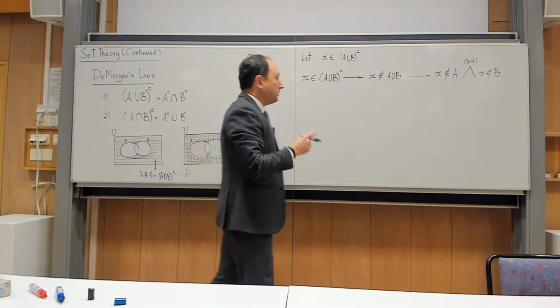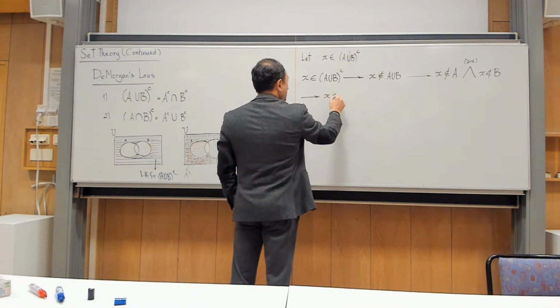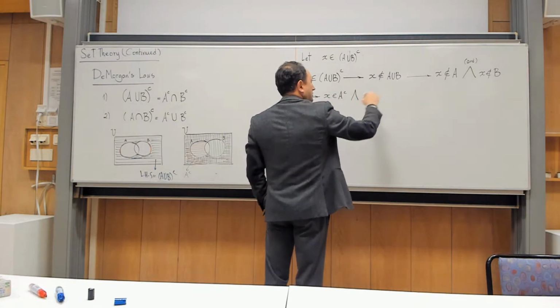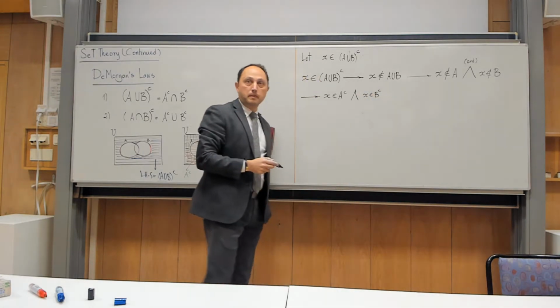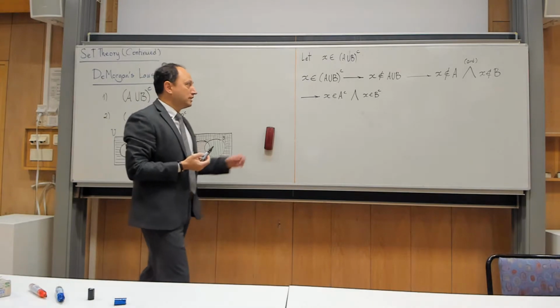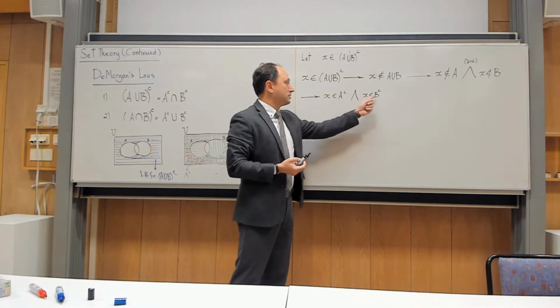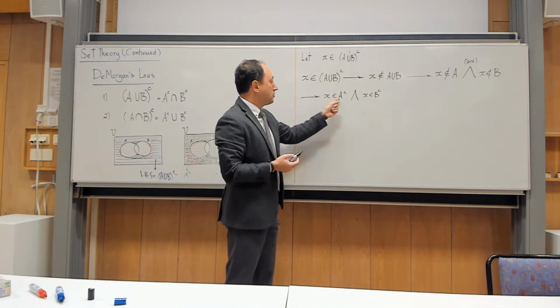Yes? But if X does not belong to A, it is guaranteed to belong to the complement. And X does not belong to B, it's guaranteed to belong to its complement. Yes? Now you have one single element and you have two different sets. But you know that this single element belongs to both of them.